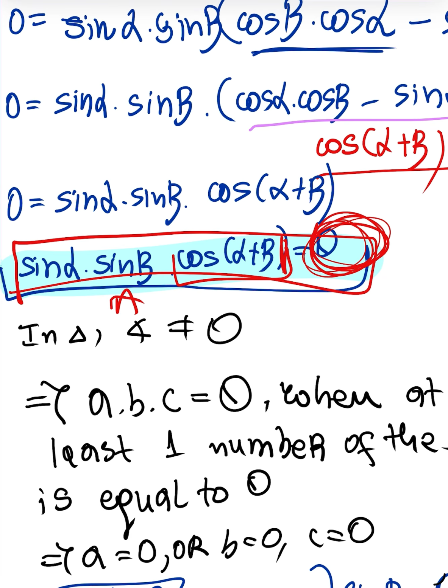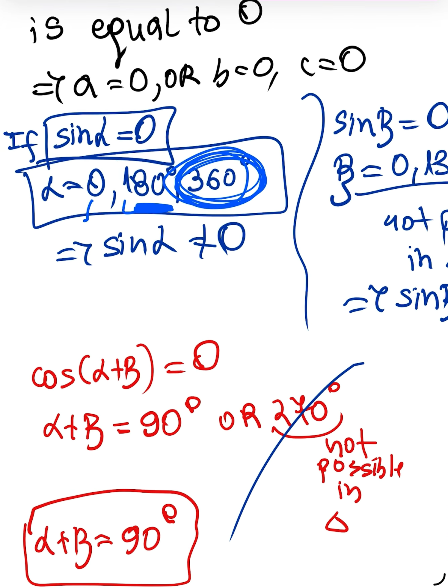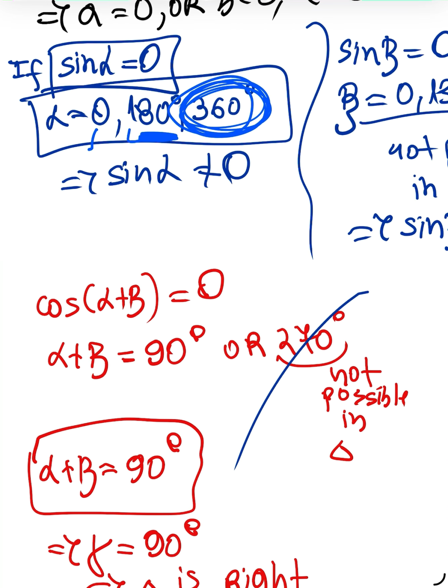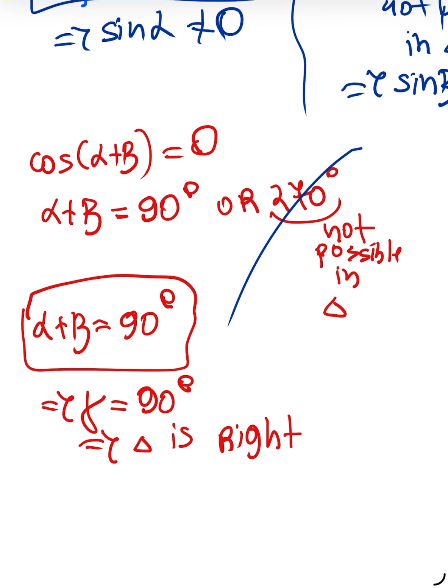And this is only possible for alpha plus beta equal to 90 degrees. And therefore, the third angle is also equal to 90 degrees. And therefore, the triangle is a right one. A triangle with one right angle is a right triangle.